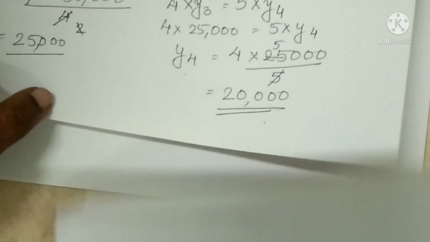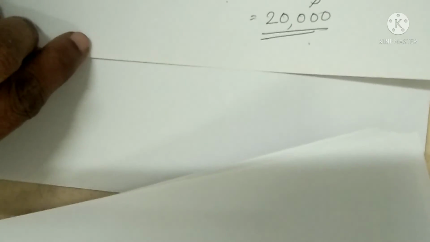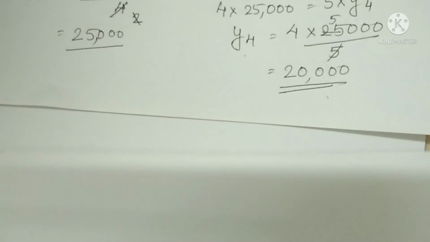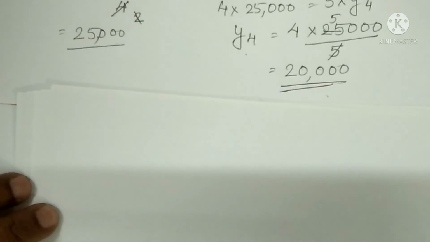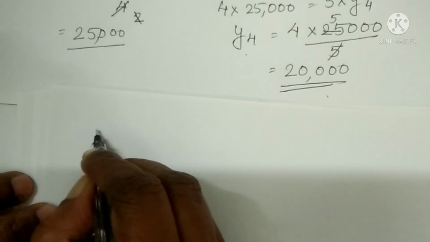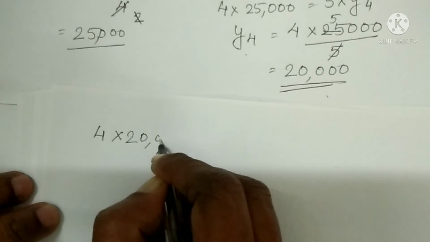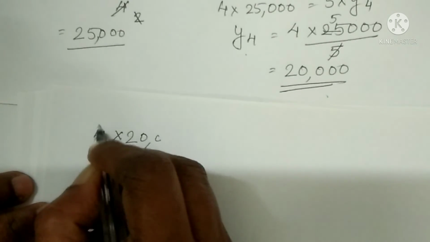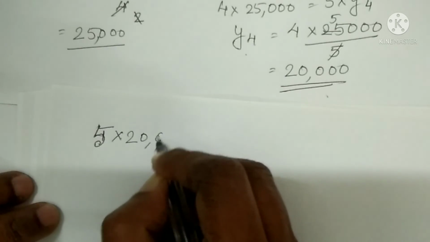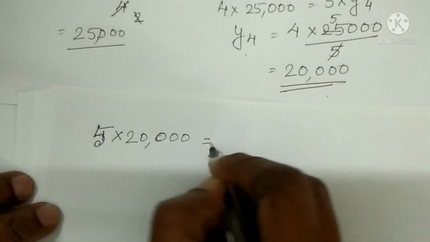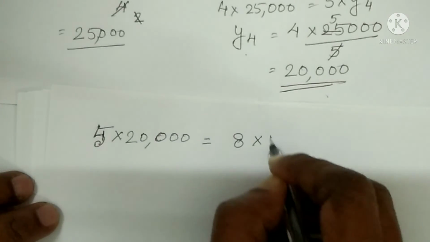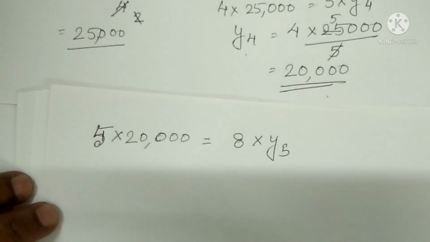Now let us find out if the number increases further, what happens? We got that if there are 5 people, you get 20,000. So if there are 8 people, how much will they get?